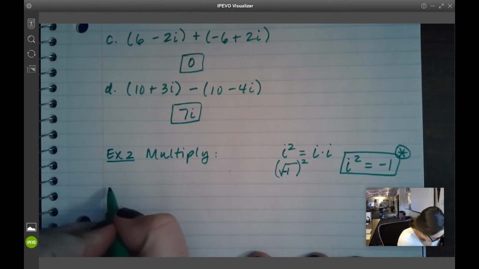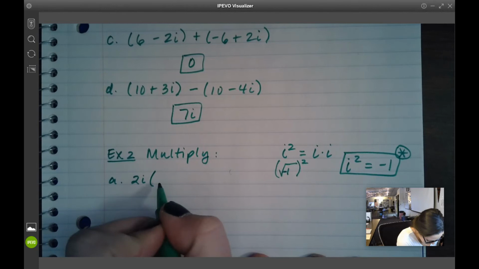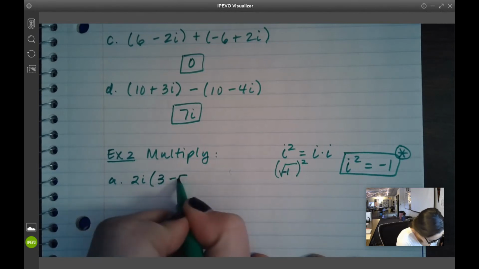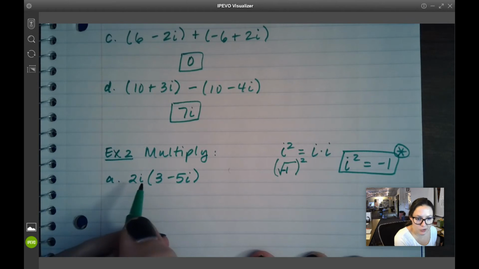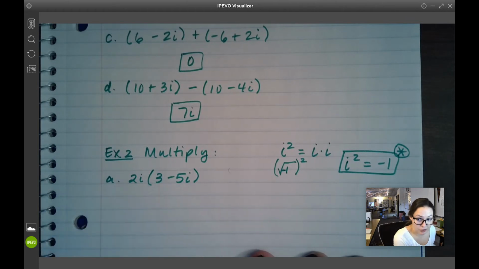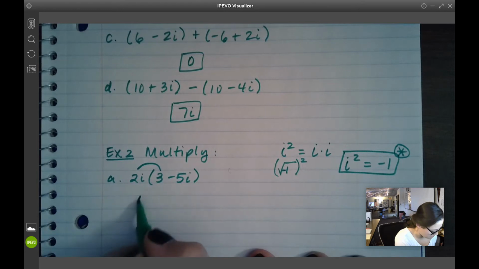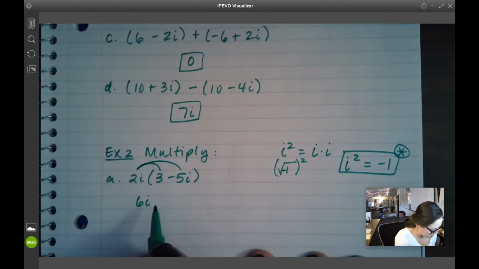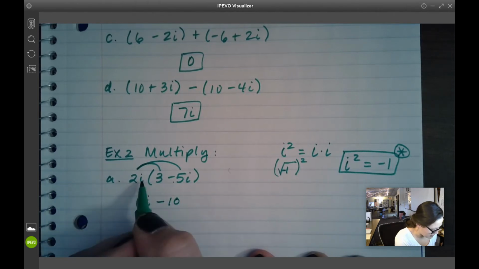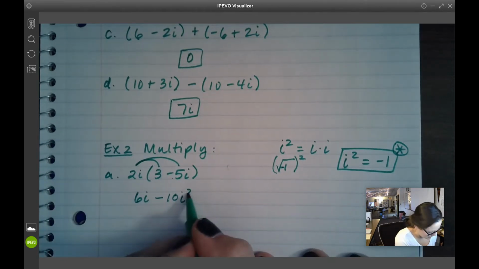So let's say I have 2i times 3 minus 5i. Okay, so just like if this were an x or something, I'm going to distribute the 2i. So 2i times 3 is 6i. 2i times minus 5i, well, 2 times negative 5 gives me negative 10. i times i gives me i squared.